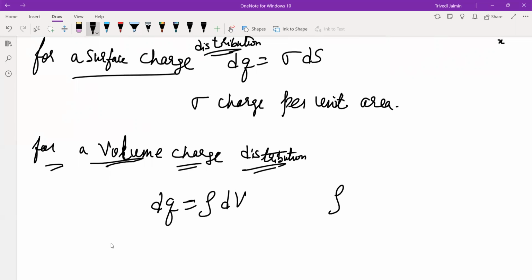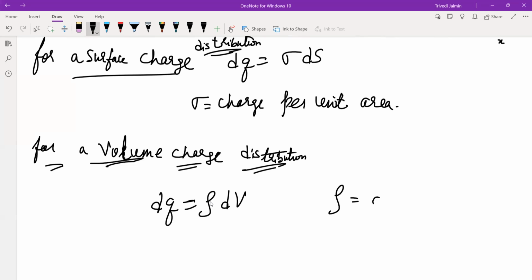Then what is rho here? Can anyone tell me what the rho will be? Varsha, what will be the rho here? Not dq by dv. Yeah. I'm not asking the formula. Yeah, that is correct. But see, here we wrote sigma as charge per unit area.